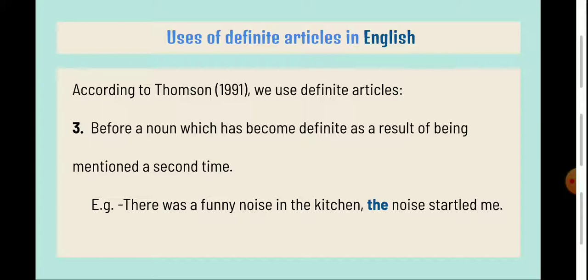In this sentence, the noise is first introduced. For that reason, the indefinite article is used. But in the second sentence, the noise startled me. The is referring to the noise we already mentioned.